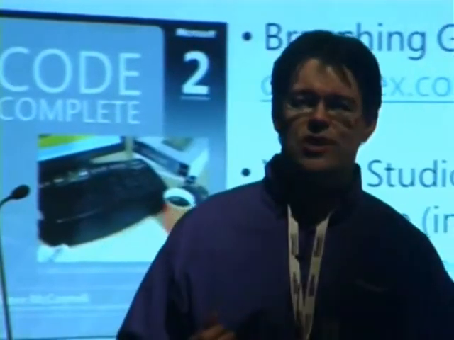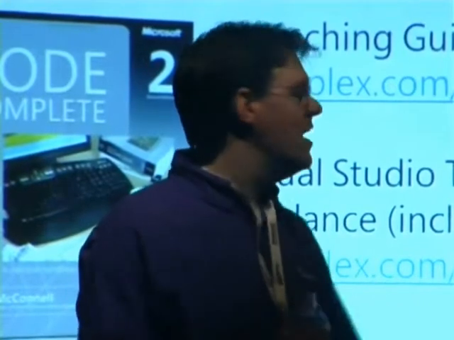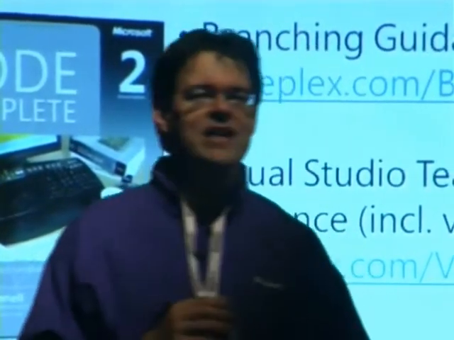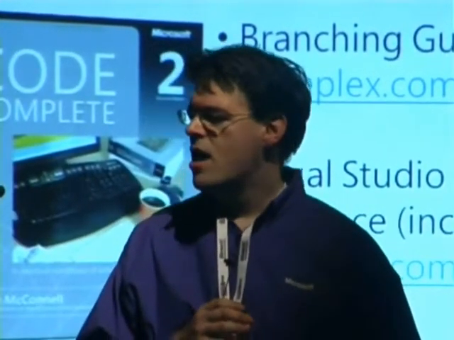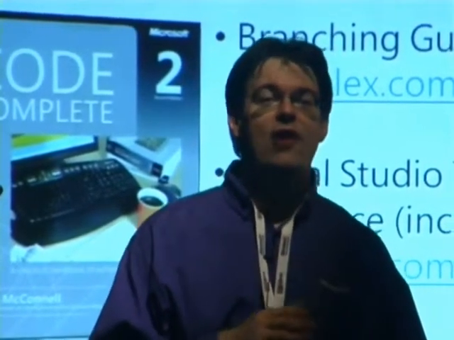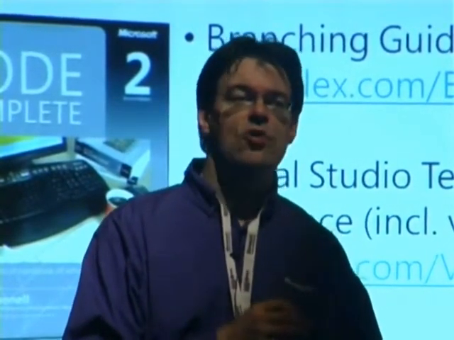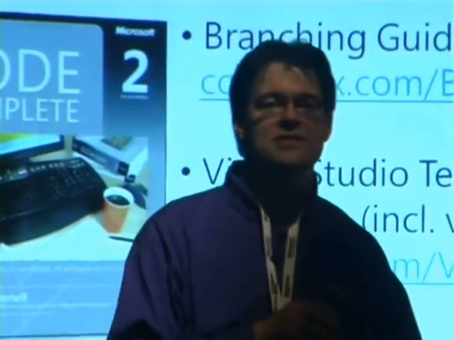So the next question I get is, how do I manage my source code? It becomes very complex to do so. The one thing we've done is we've provided some guidance through Team System on how to merge, branch, how to organize the different branches of your version control in a way that will become manageable and scalable.